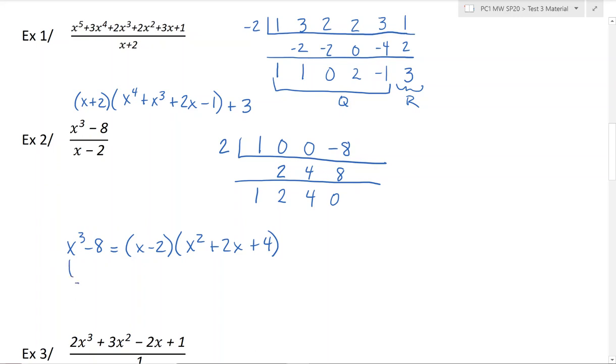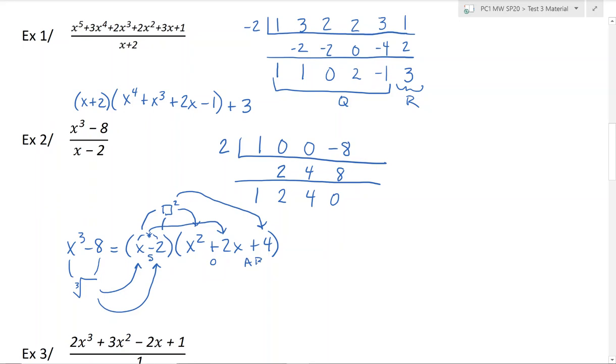Remember our process before: take the cube root of that, put it there, the cube root of that, put it there, and then we take this and square it, put it here, take this and square it and put it here, and then multiply these things together and put it here. And then you use SOAP.